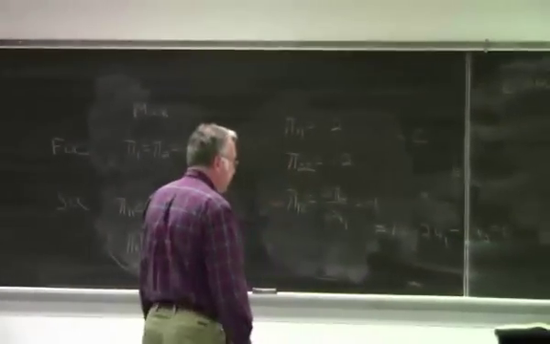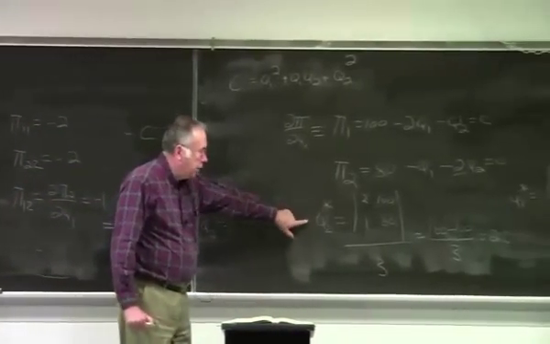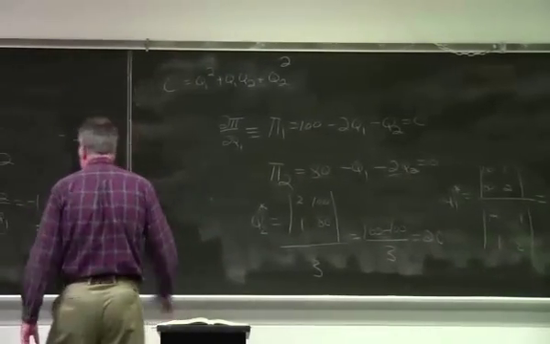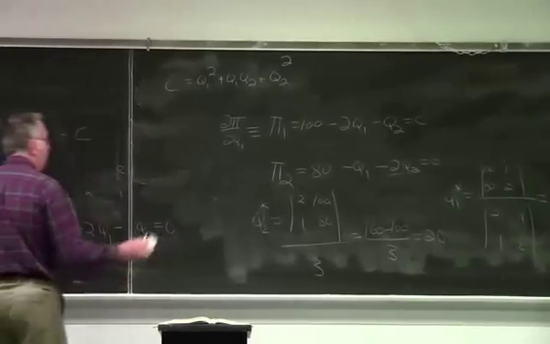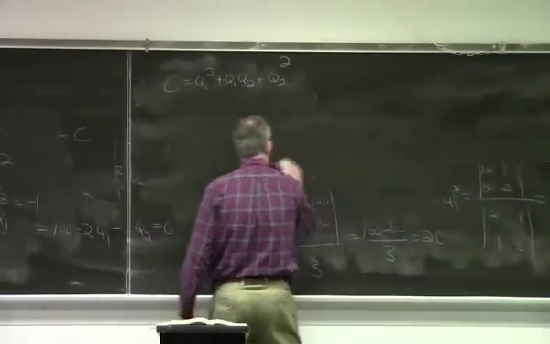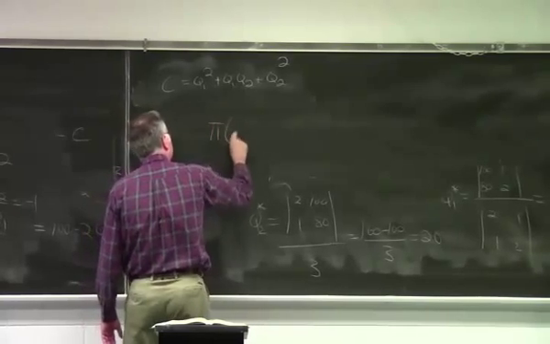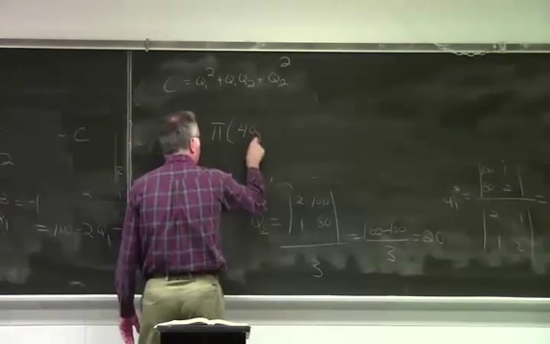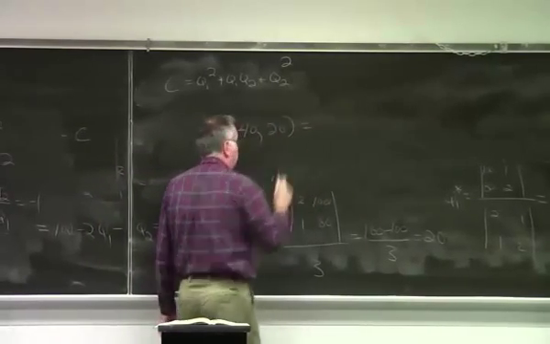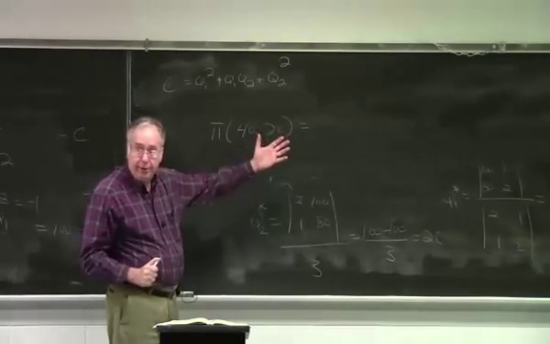And at these critical values of Q1 and Q2, Q1 equals 40, Q2 equals 20, you have a profit maximum. The maximum profit occurs where Q1 is 40, Q2 is 20. So if you just go back to the profit function, plug in these values of Q1 and Q2, you get the maximum profit. Let's just do that.